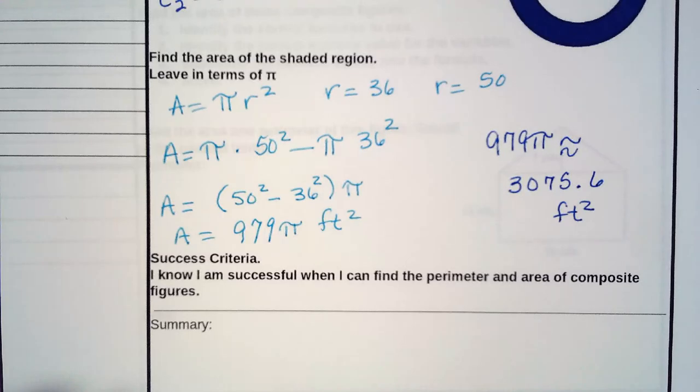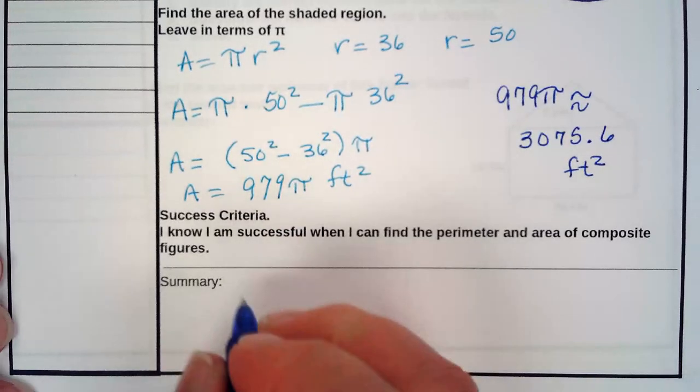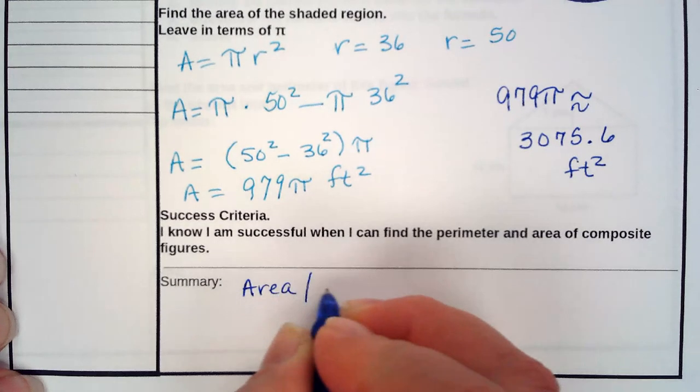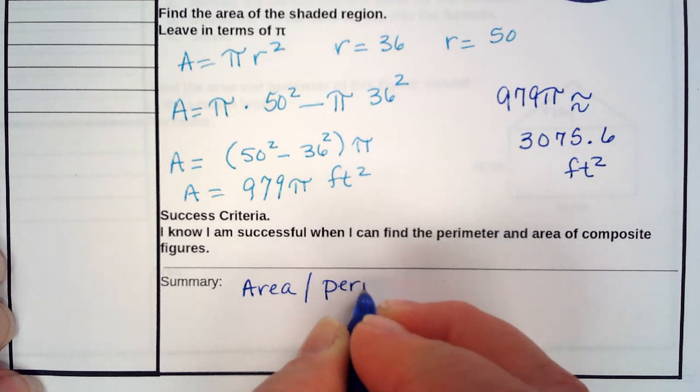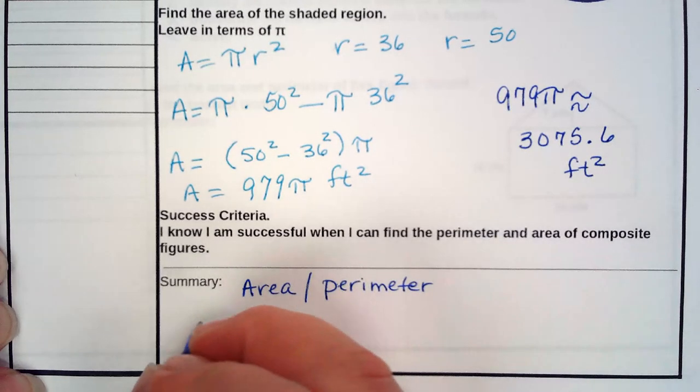So how do you know you're successful? You know you're successful when you can find the perimeter and area of composite figures. So, use the formulas.